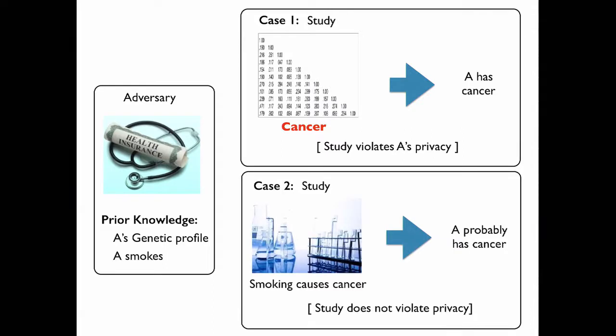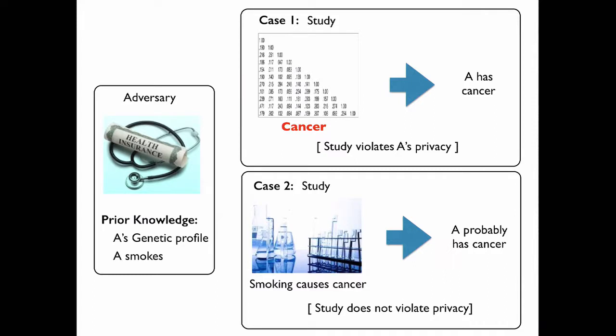On the other hand, suppose the adversary opens the latest Science or Nature magazine, and they find a study that smoking causes cancer. And then they decide that, oh, I know that Alice smokes. Well, then Alice probably either has cancer or will develop cancer at some point in her life, and they decide to deny her insurance, right?